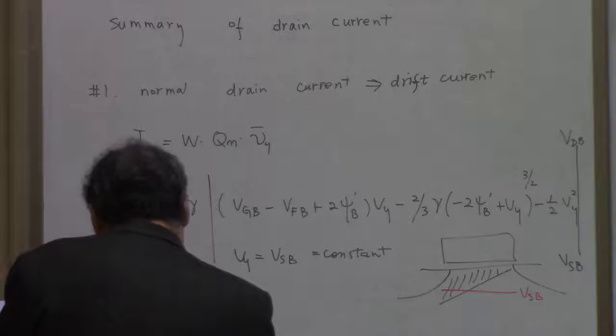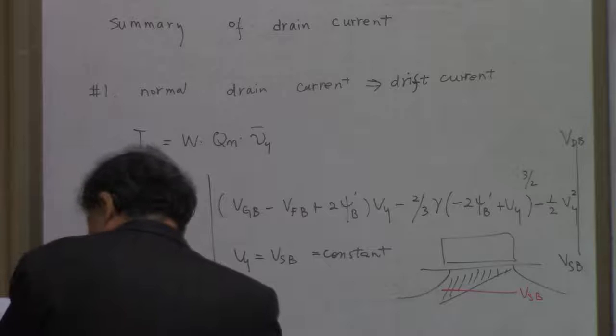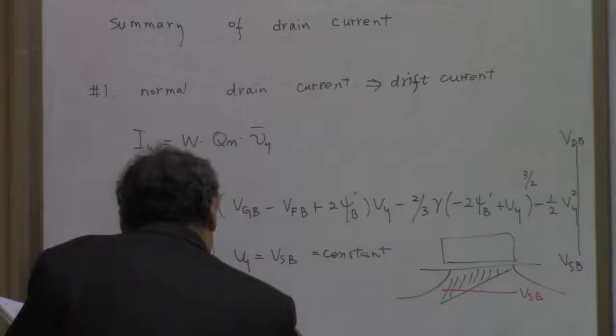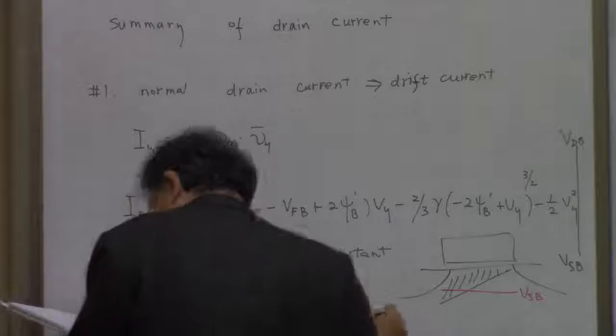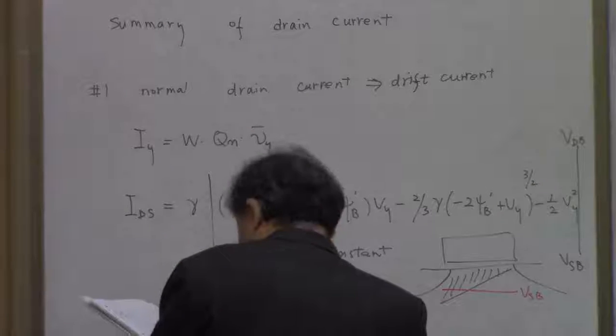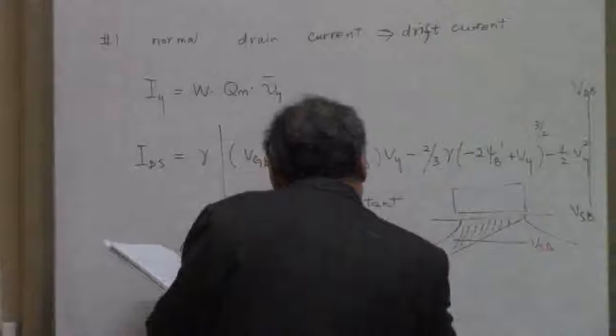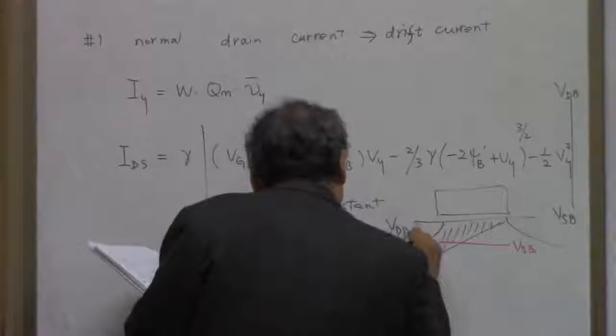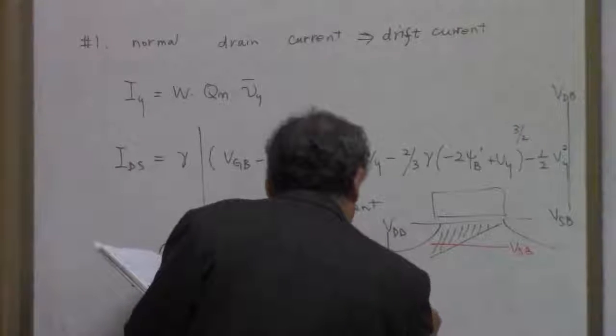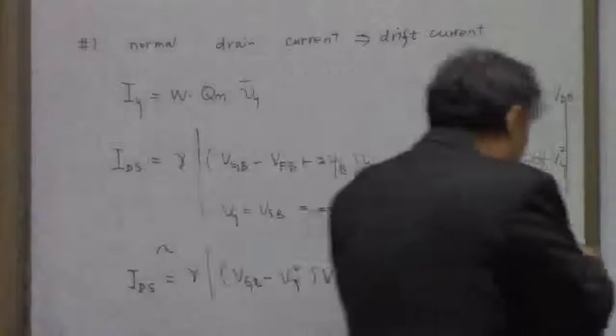IDS becomes gamma times VGB minus VT0, times V minus 1/2, and VDB and VSB. That's what we have done, right?